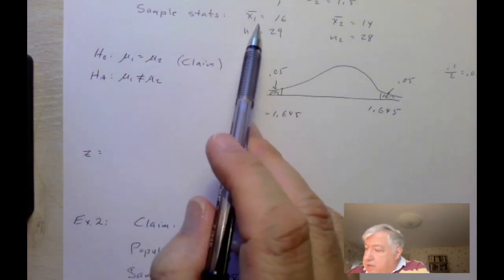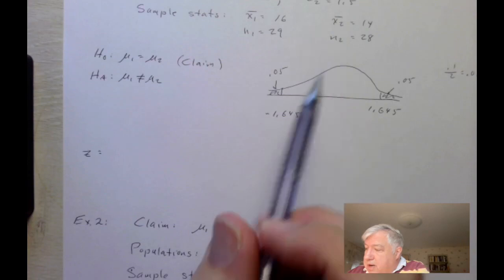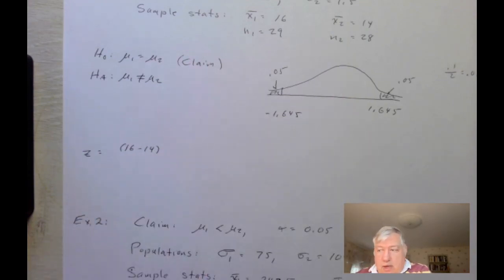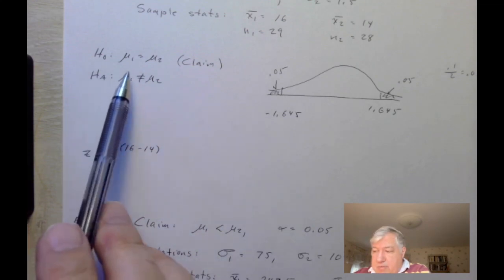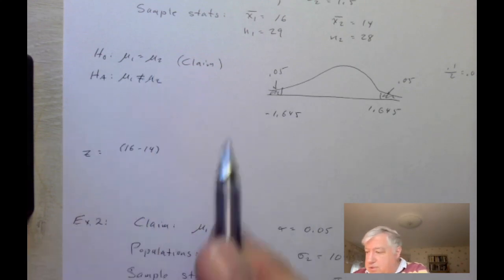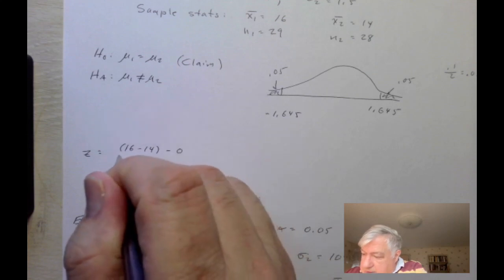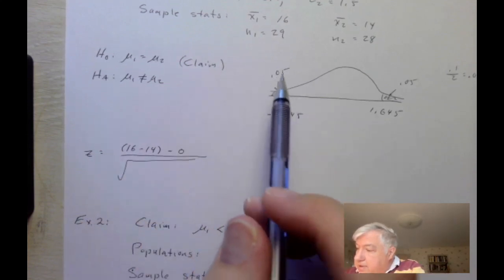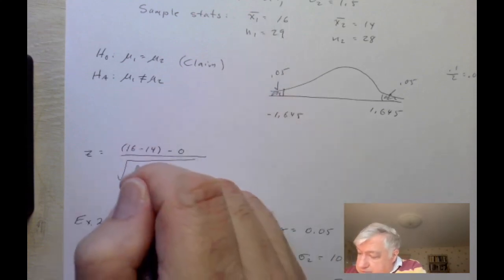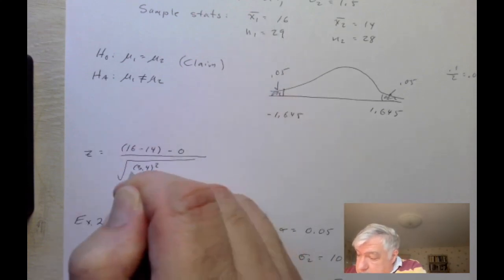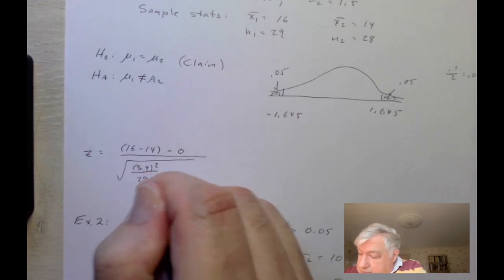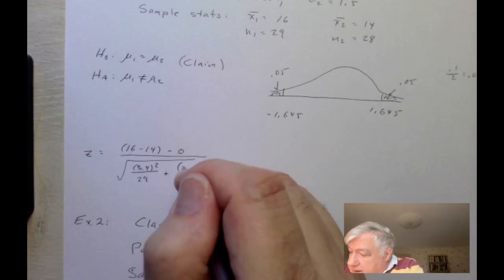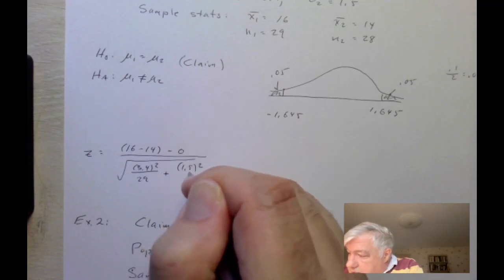Now we compute our standardized test statistic z. x1 bar minus x2 bar is 16 minus 14, and we are assuming mu1 minus mu2 is 0, so this is just minus 0. Then this is divided by the square root of 3.4 squared over 29 plus 1.5 squared over 28.